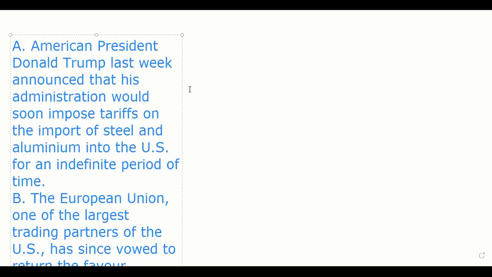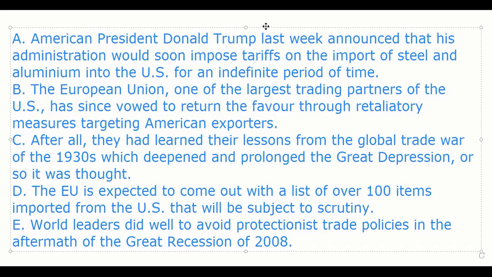Here the thing is, you have to tell me out of all of this which can be the first, second, third, fourth, and fifth. It's a very big paragraph divided into 5 sentences.